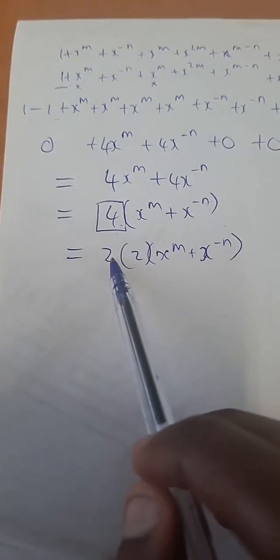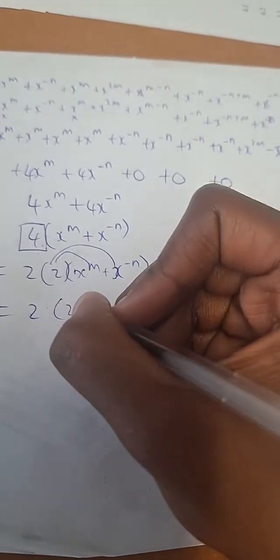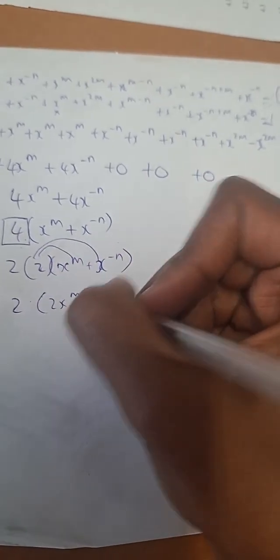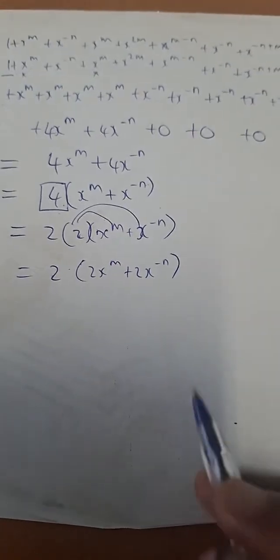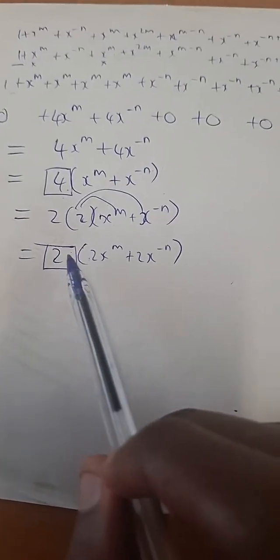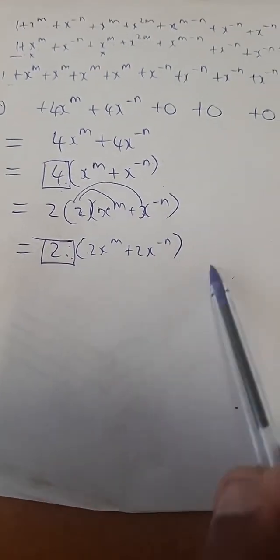Or you could do this if you really want to. You know that 4 can be written as 2 times 2. So that means you can write this 2 outside and distribute the other one: 2 times x to the power m plus x to the power negative n. So since there's a 2 on the outside, this is a number that is divisible by 2. Remember, 2 times anything is an even number.